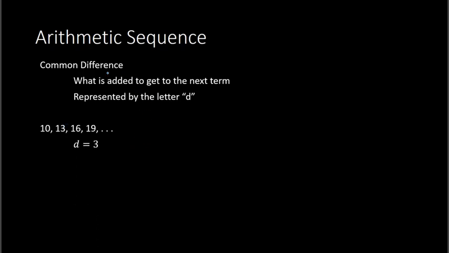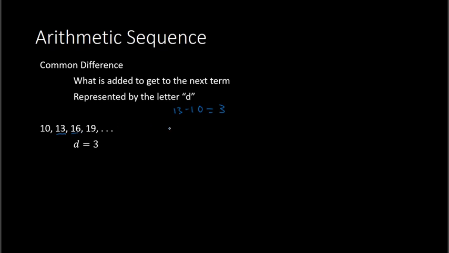And you may be wondering, why is it called common difference if you're determining what is being added from term to term? Because difference means subtraction. Well, that comes because to find what you're adding, you take each number. So if we subtract 13 minus 10, that would give me 3 to find the common difference.